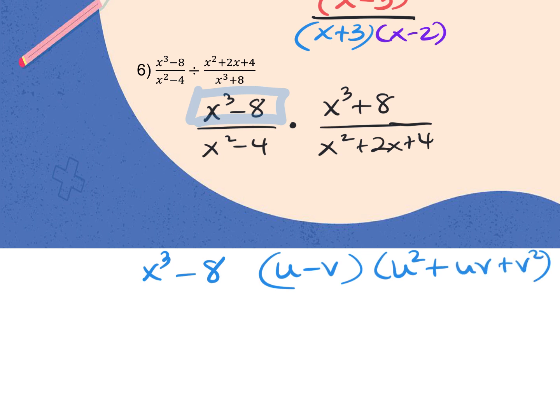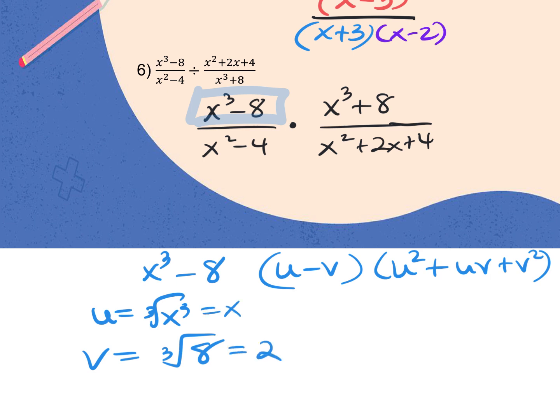Remember, the trinomial that results can never be factored any further. I'm going to get my u value by finding the cube root of x to the third, and my v value is the cube root of 8. So my u is going to be x, and my v value is going to be 2.